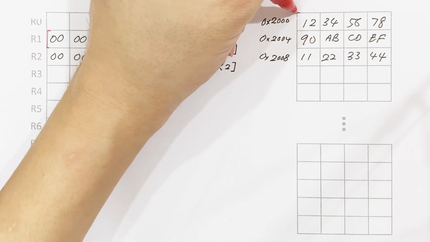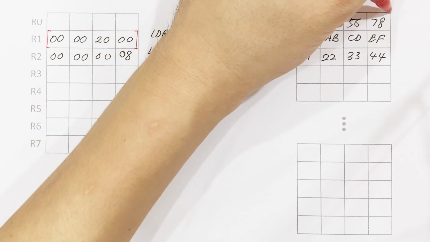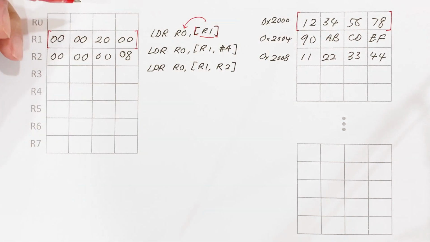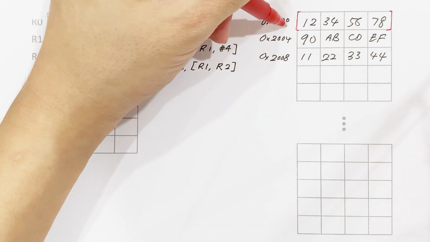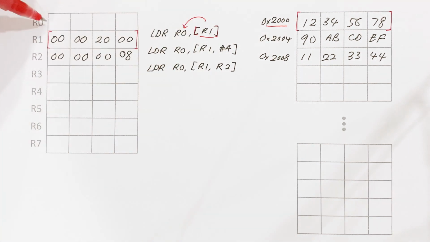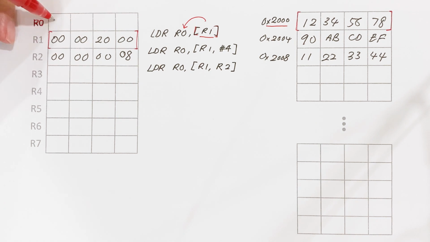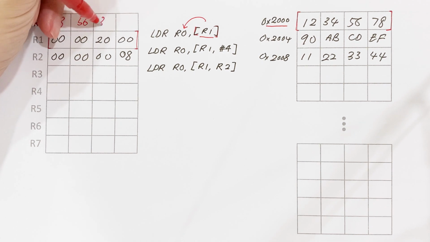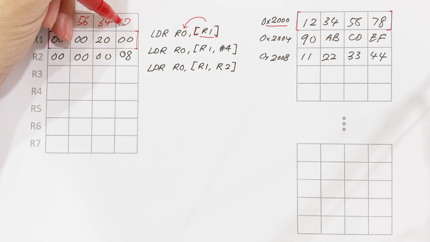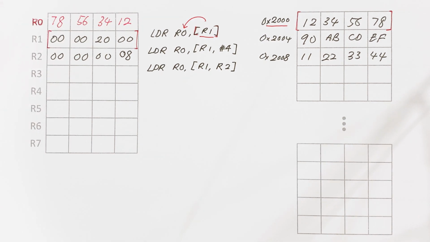So basically, we are going to move the value from the memory address 2000 into register 0. After the instruction is executed, we should have 785634 and 12 in register 0.